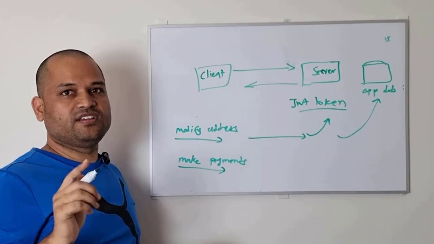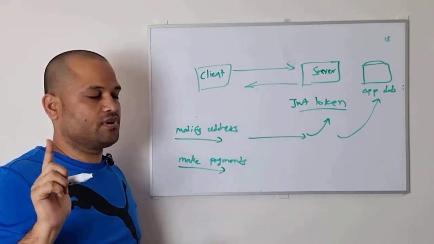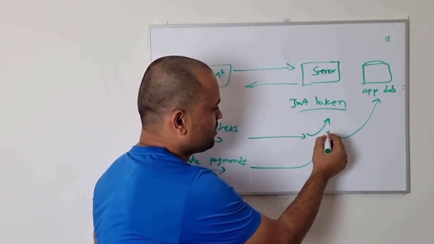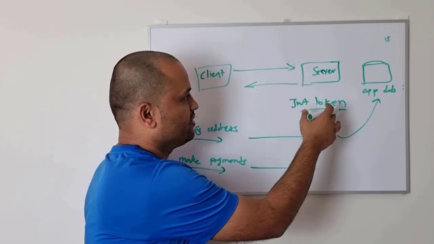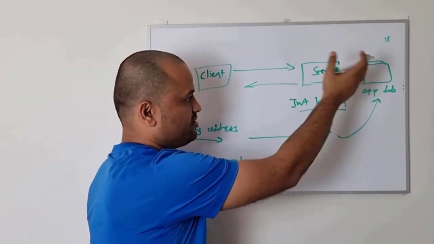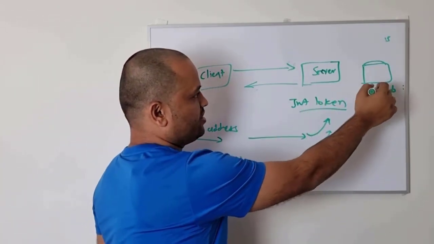So here it has to contact this database just once. Again, for making payments, this JWT token is being sent to the server. The server decodes the token, grabs that user, makes the payment for that user, and updates the app database. That's it. So just one connection to the database.